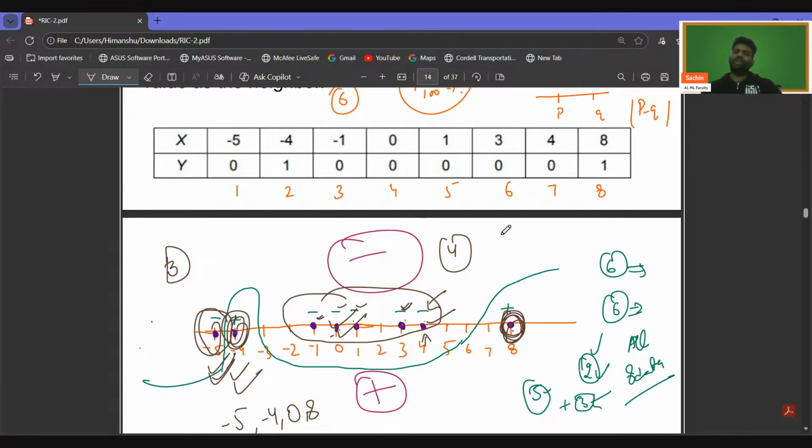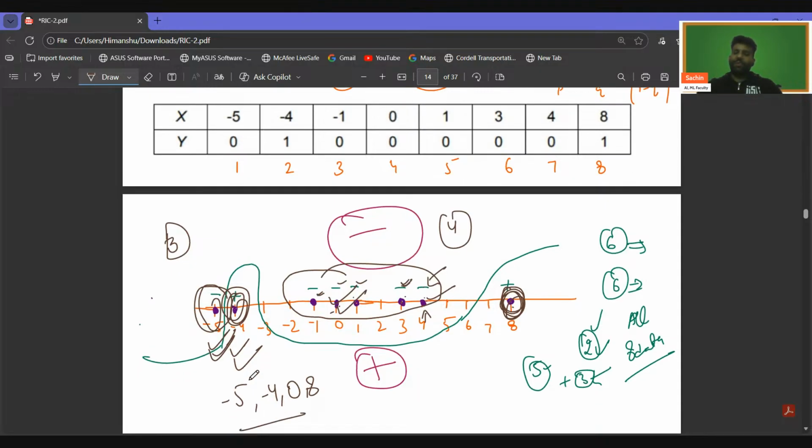Just a quick question for you to answer. Can you think of this? Is it the unique solution we are having? The moment I said -5 and -4 and 0 and 8, is it the unique solution?